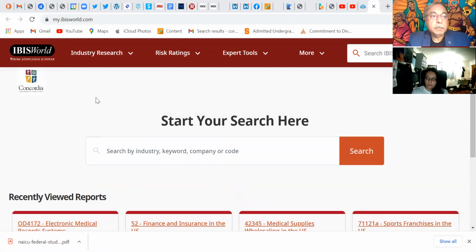So when you go to this website on your academic database on campus, IBISWorld, it will help you choose an industry. So I'm going to choose an industry, and let's say something that's good.